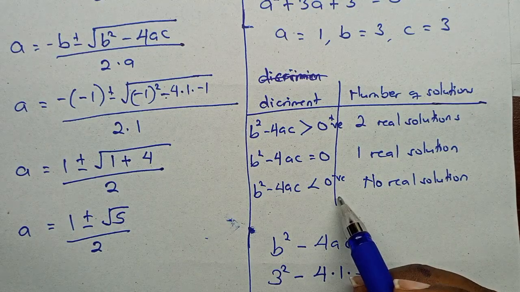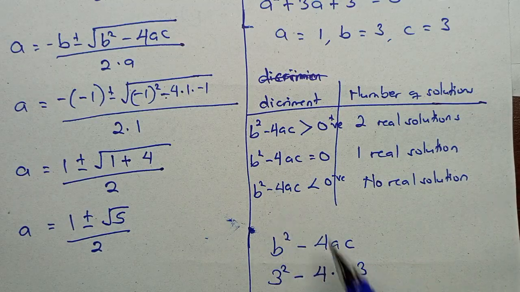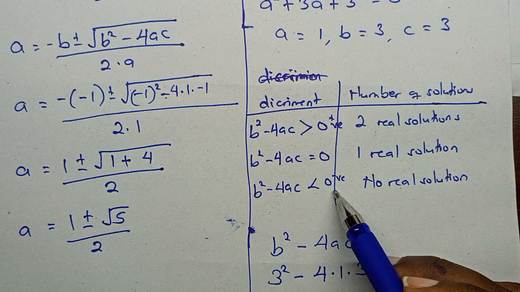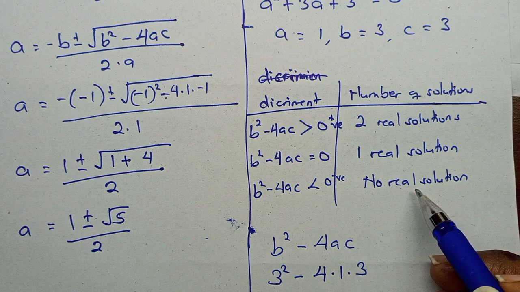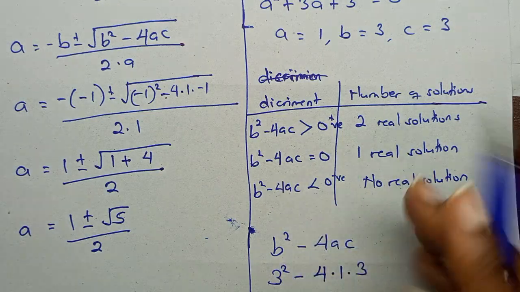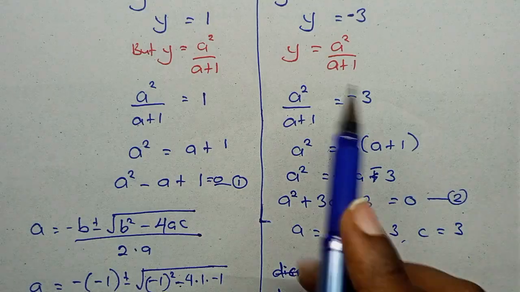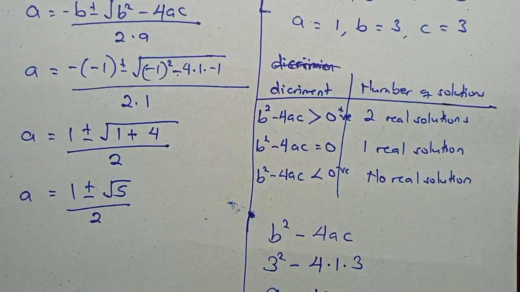So if we have a negative, we've said that means this here is less than 0. So we have no real solution. So there is no real solution for this side here, for the value of a.